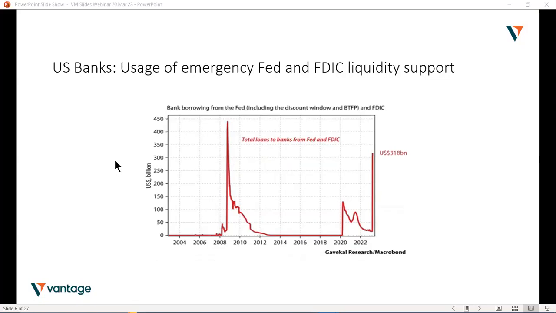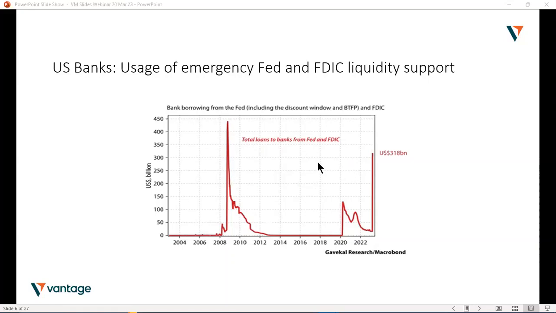It shows you the huge size of that spike in the Fed's emergency lending, and really underlines that this is a serious crisis in the sector, bigger than the pandemic, you can see, and getting up towards the 08-09 GFC point in time.